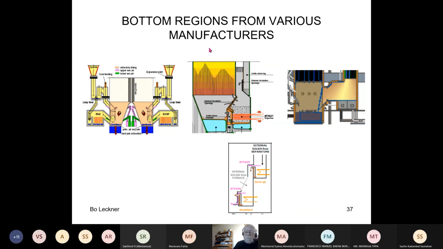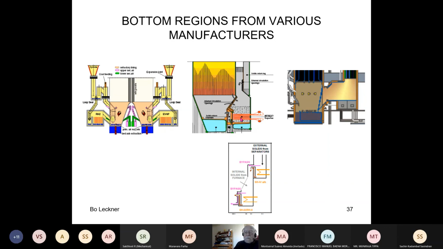And I want to give this number, 2000 thermal power for a very large boiler, comparing with the amount of power that can be extracted from such a heat exchanger, which is in the loop seal and which is rather limited. It's about 20 megawatt, according to Foster Wheeler. So it is 20 megawatt.